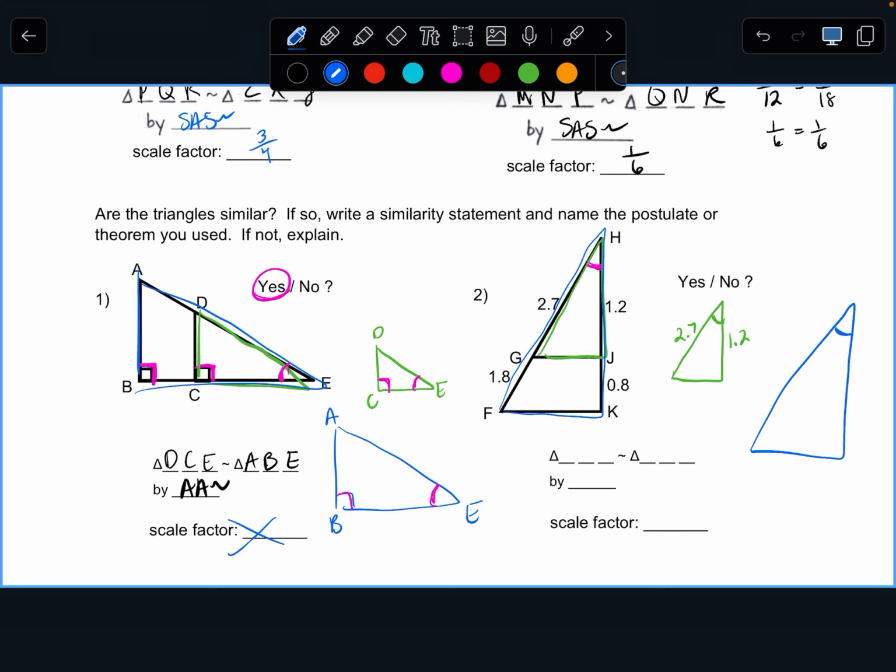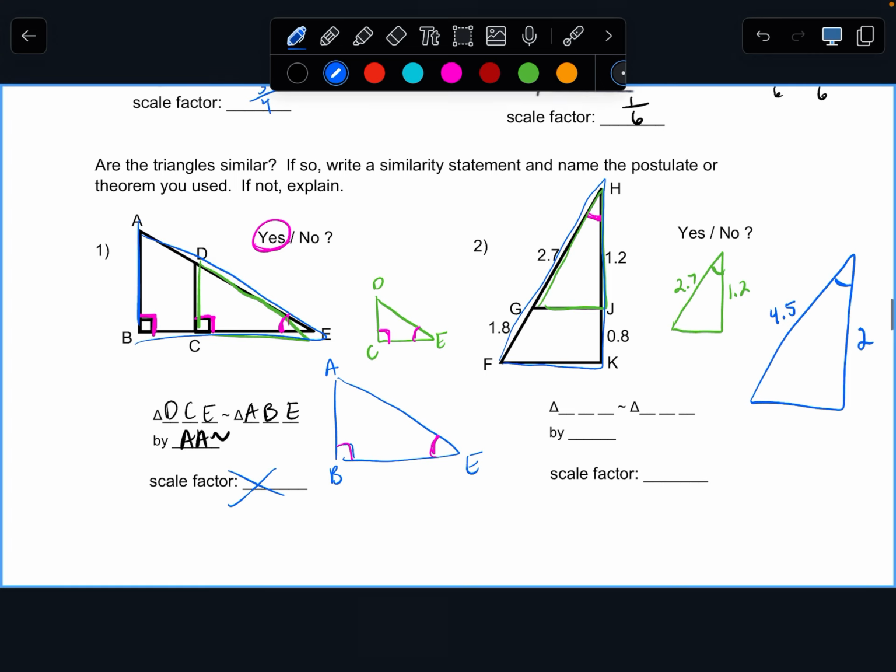So wait, 2.7, 1.8. So 4.5, alright. And then this one is just straight up 2. Because I have to add these. And then now I have to deal with the numbers.